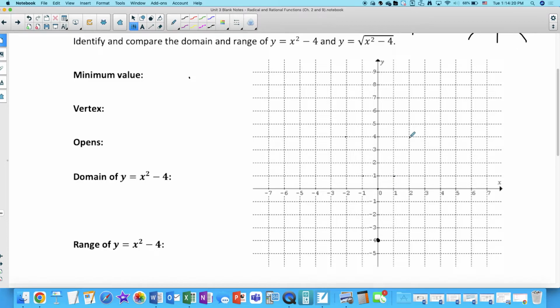Those points all need to be moved down 4 units. So -2, 4 is going to move to -2, 0. -1, 1 is going to move to -1, -3. 0, 0 will move to 0, -4, right?